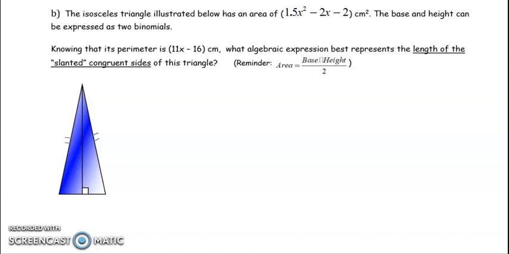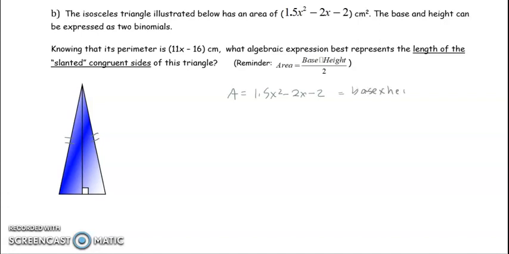So this is a little bit confusing at first. I'm going to start off right away by factoring this trinomial, but I can't. Why not? Well, it's got a decimal in there. And so let's get into a little bit more about what's going on. The area of this triangle is going to be 1.5x squared minus 2x minus 2, and that is calculated as the base times the height.